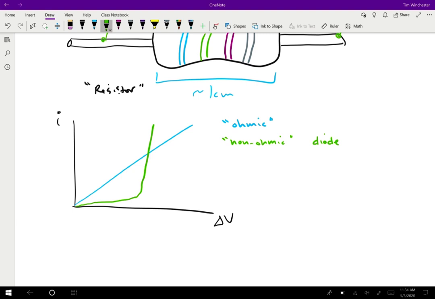Okay, that's also not the only kind of behavior. We could also have an object where if you turn up the delta V a little bit, then you get lots of current. But as you increase delta V more and more, you get less and less additional current for your work. All right, so this is also non-ohmic. And an example of an object that behaves like this is an incandescent bulb.